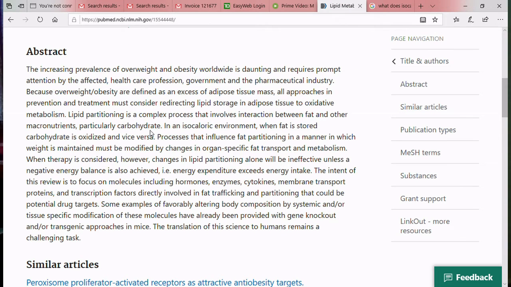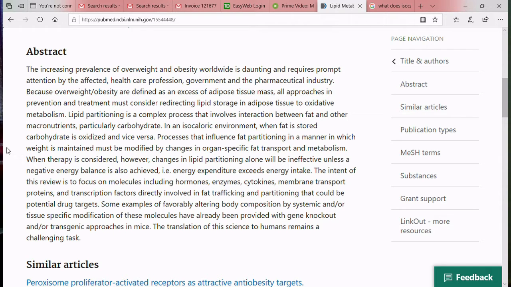Let me continue with this abstract. So in an isocaloric environment, when fat is stored, carbohydrate is oxidized and vice versa. Processes that influence fat partitioning in a manner in which weight is maintained must be modified by changes in organ-specific fat transport and metabolism. When therapy is considered, however, changes in lipid partitioning alone will be ineffective unless a negative energy balance is also achieved, i.e., energy expenditure exceeds energy intake.